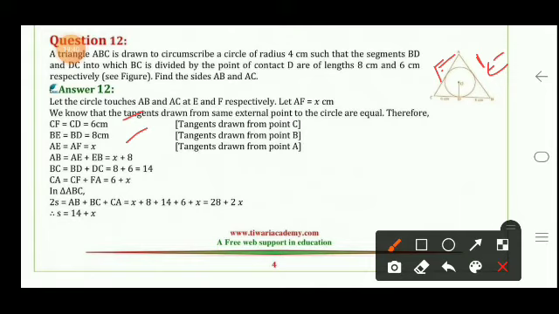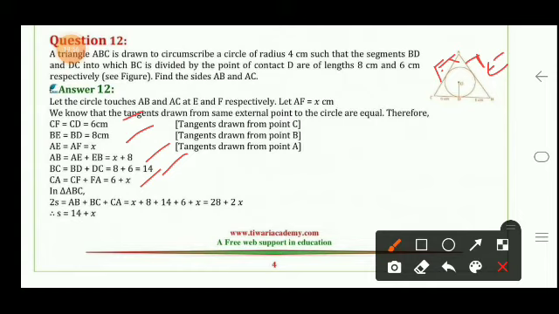Then AF is equal to AE, both equal to x. Then if we add these, we have AB equal to x plus 8, BC equal to 8 plus 6, that is 14, and CA equal to 6 plus x. Now in triangle ABC we use Heron's formula.